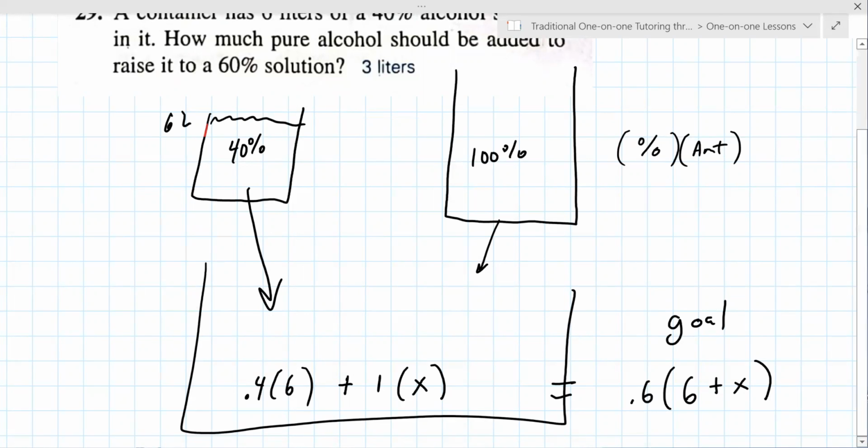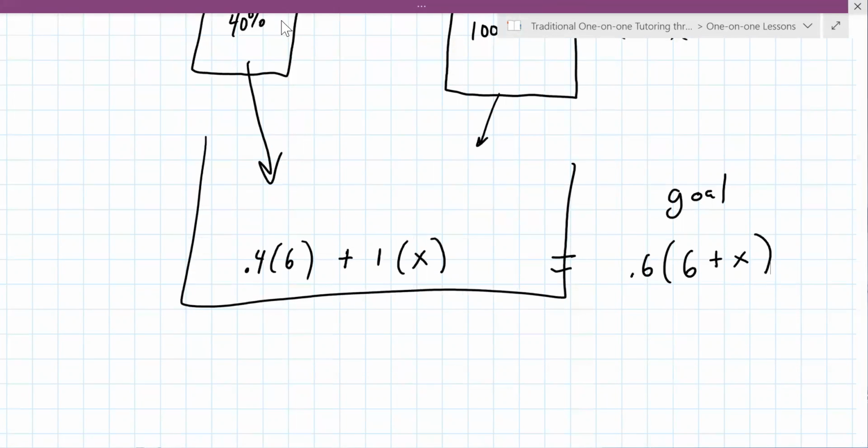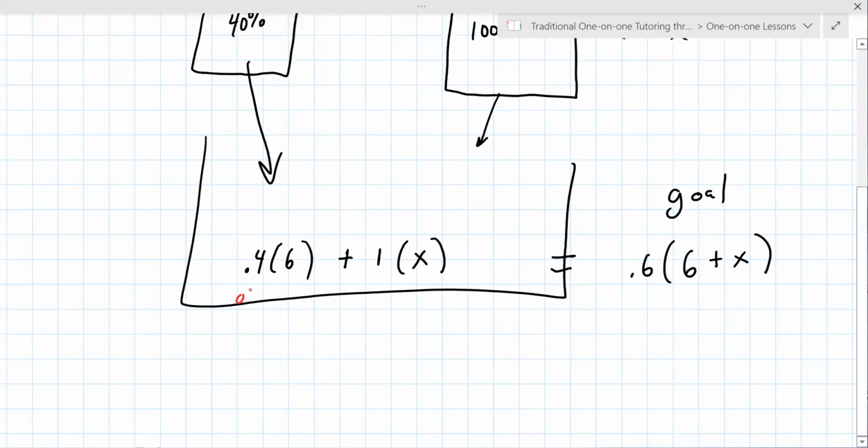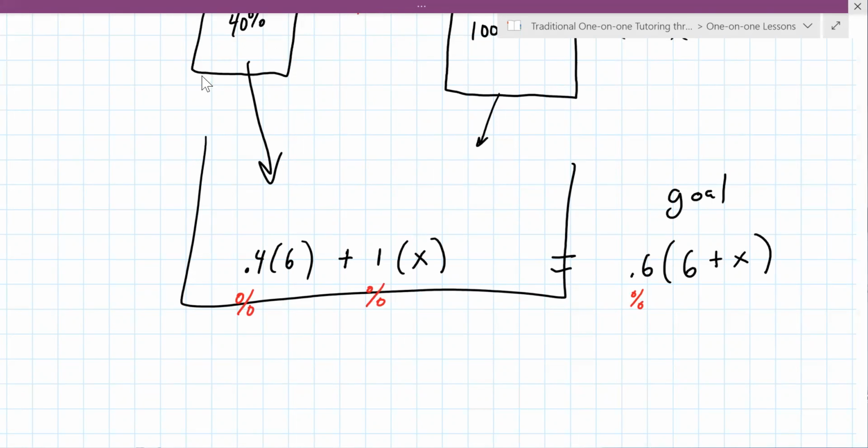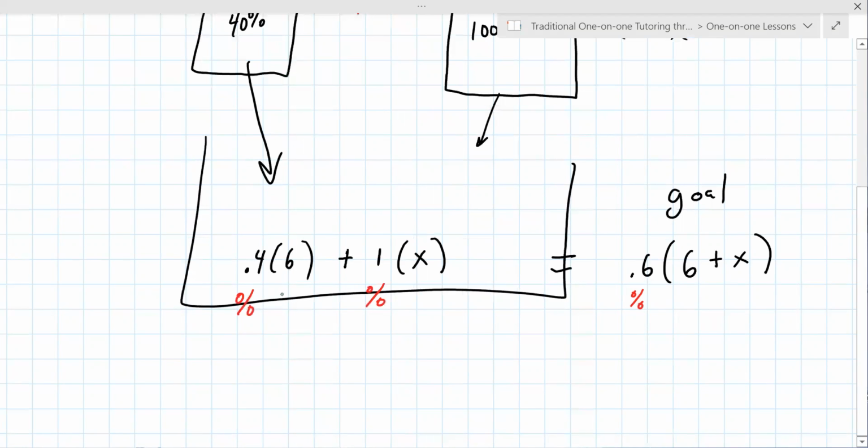For each of these things that we've written, really super important here, it was percent, percent, percent, and then the other number is the quantity or the amount. We can think of it as quantity, quantity, quantity, or volume.